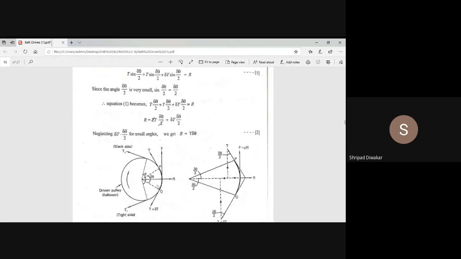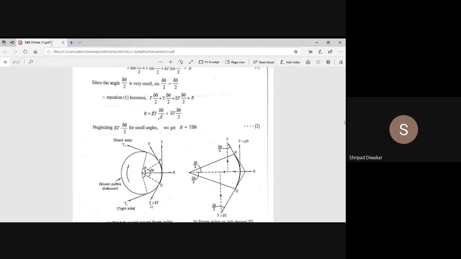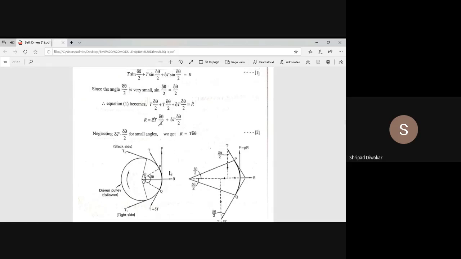One is the horizontal force and one is the vertical force. Horizontal force is your R. R equals T sine delta theta by 2 plus T plus delta T sine delta theta by 2. Don't take delta theta, because for the entire angle, you have to consider only half the angle for a particular triangle.